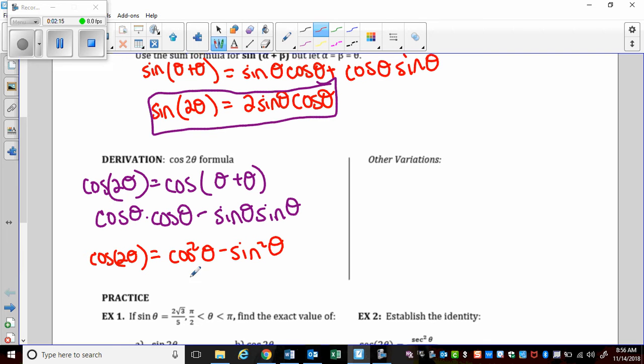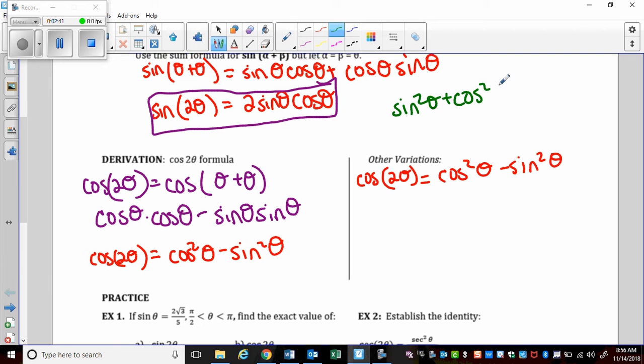Cosine is actually a little different because we have our Pythagorean identities. We have another variation. So cosine of 2 theta is also, since it's cosine squared minus sine squared, and we have our Pythagorean identity that says sine squared plus cosine squared equals 1. And I can solve for cosine and plug this in.